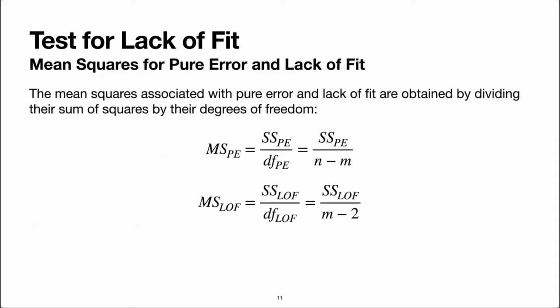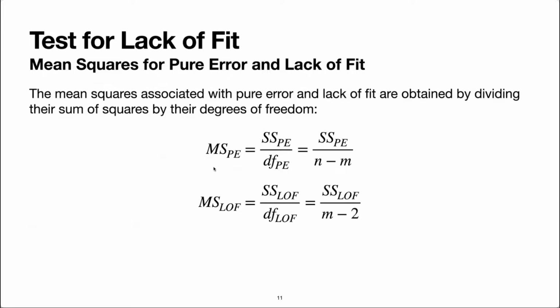Now let's talk about the mean squares for pure error and the mean square for lack of fit. The mean squares associated with pure error and lack of fit, as you would expect, are obtained by dividing their sum of squares by their corresponding degrees of freedom.